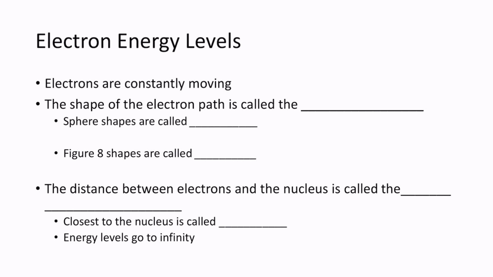In this video, we are going to look at electron configurations. Now, electrons are constantly moving and they are in the empty space around the nucleus. The shape of the electron path, or where the electron exists, is the orbital.